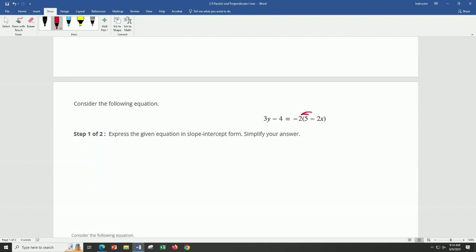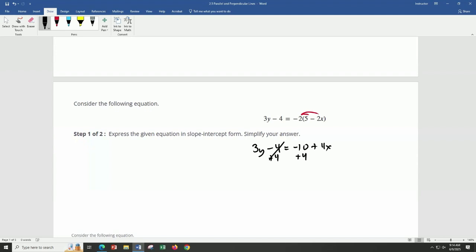I'm going to come right in here and go ahead and distribute that guy. Rewrite, I get 3y minus 4 is equal to -10 plus 4x. Am I good there? Come right in here. I'm going to take that 4 and get it to the other side. So how about we add 4 and add 4?